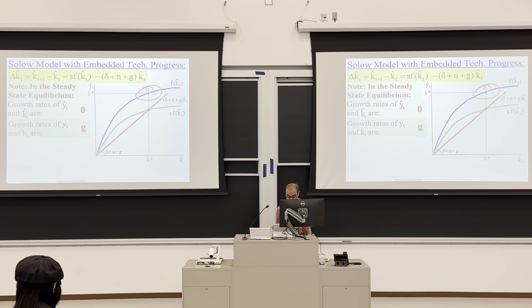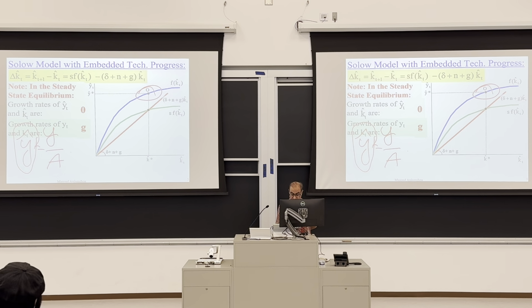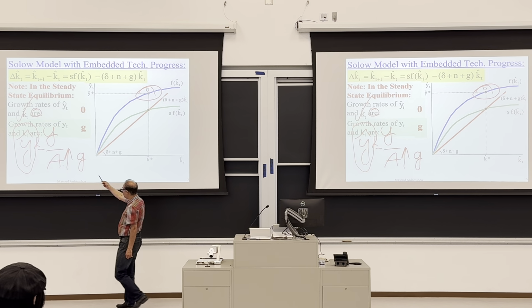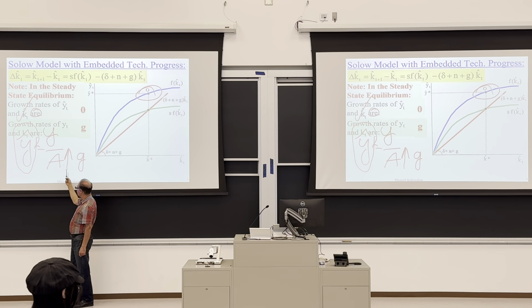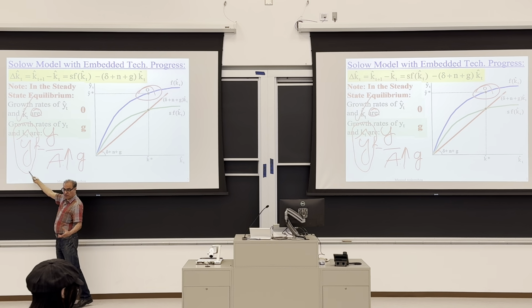This is the relationship between y hat and y: y hat is y over A. So you see, y hat is fixed. Its growth rate is 0. But remember, we know that A is going up at the rate G. So you have a ratio where the denominator is growing at G and the total ratio is fixed.